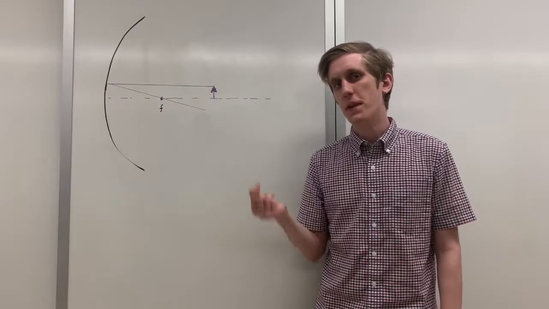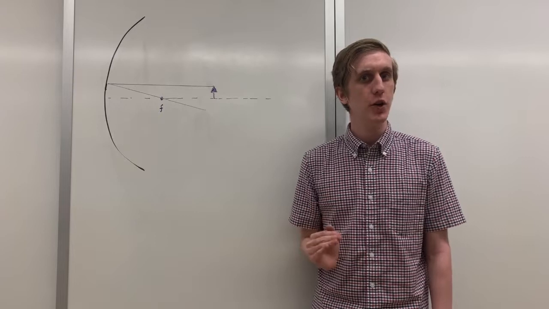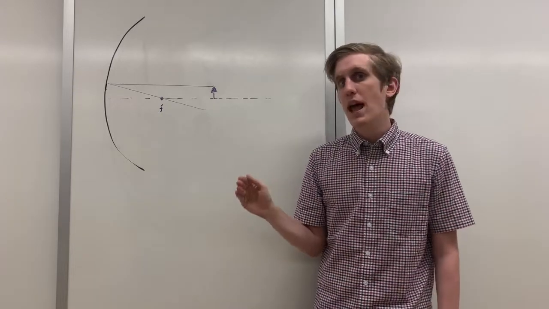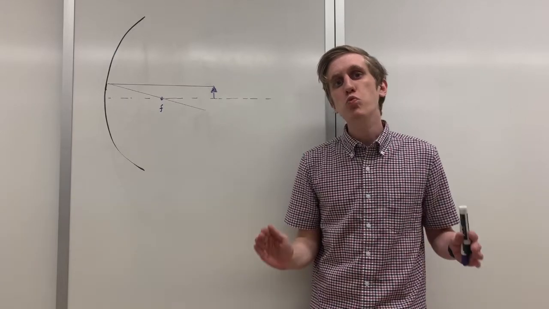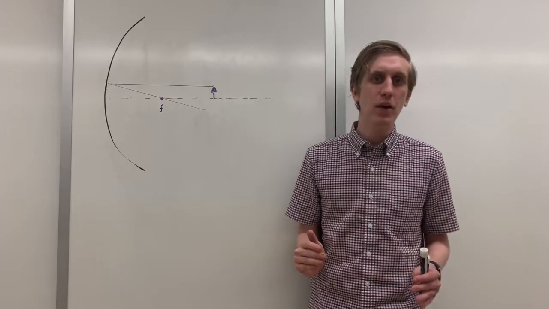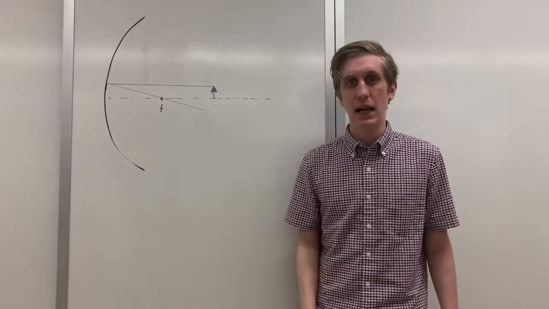I've told you that this is how horizontal light rays work, but let's just check to make sure this is right. Remember that the light ray that reflects off this mirror has to leave at the same angle with respect to the perpendicular that the incoming light ray does.